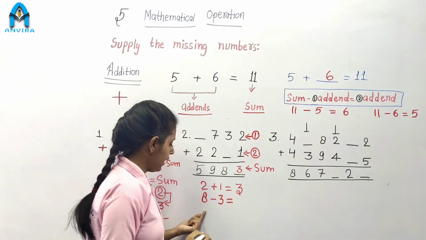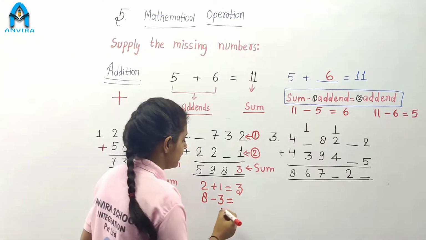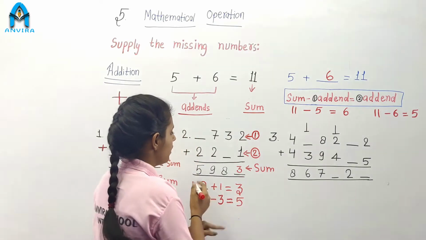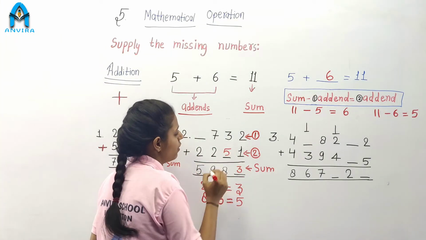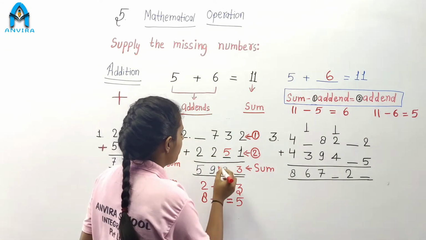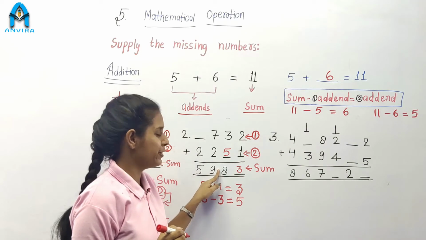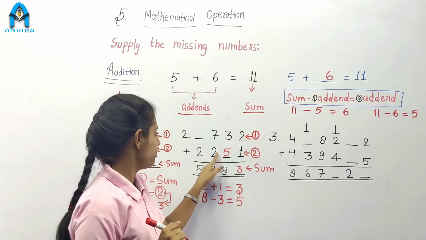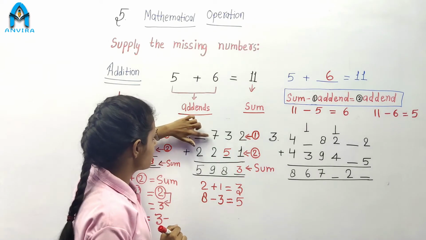So 8 minus 3 is equal to 5. So here number 5. Let's check. 3 plus 5 is equal to 8. So this is our correct answer. Let's go to the next.